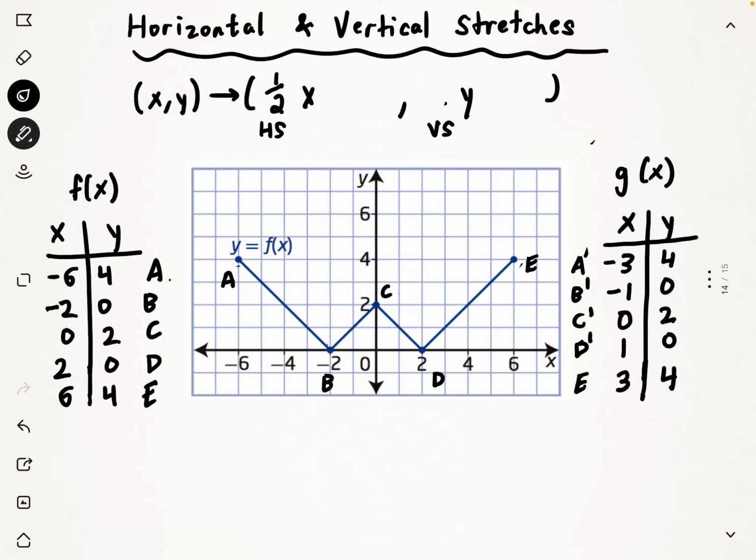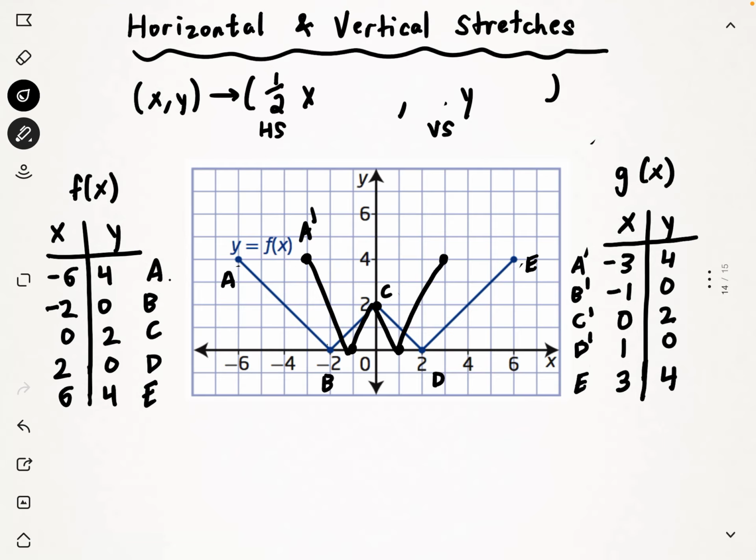If I plot each of those points, I end up with negative 3, positive 4. So I have A prime right here. I have B at negative 1, 0. C at 0, 2, that hasn't changed. D at 1, 0. And E at 3, 4. And my graph now looks like this.